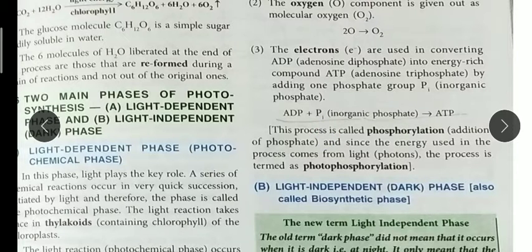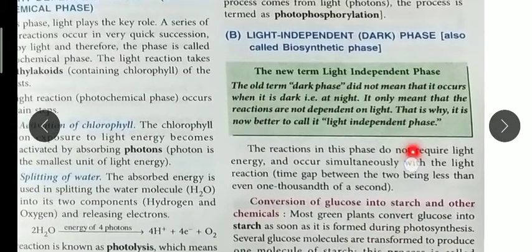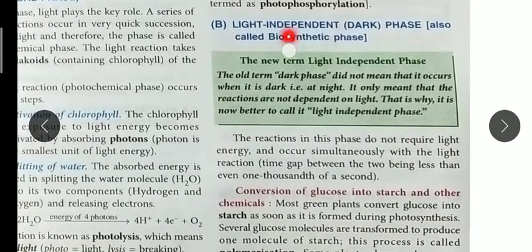Now another reaction of photosynthesis is called the light independent reaction. It does not need sunlight for generating its product. That's why it is also called the dark phase. It doesn't mean that it takes place at night.